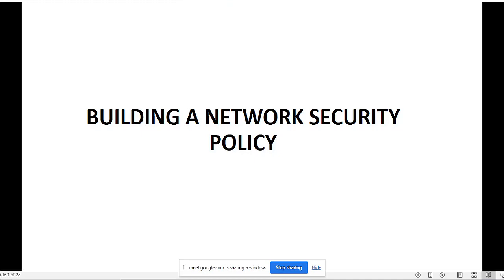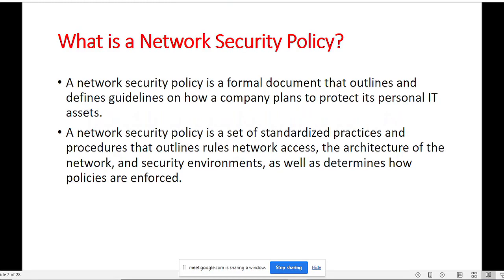Now, there are a lot of advantages of having a policy that we're going to look at, because this is a very vital document, part and parcel of how you can implement network security. These are well-defined guidelines or procedures on how the company needs to protect all the resources within a particular network.